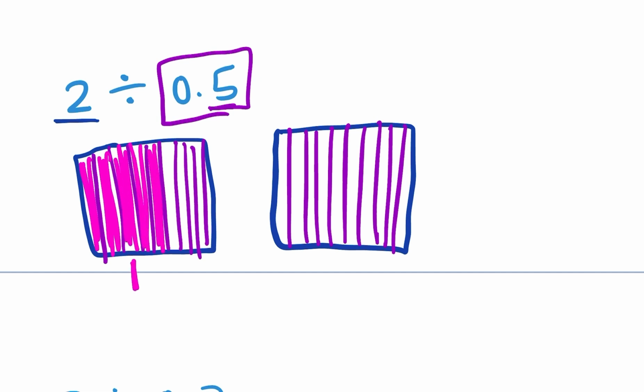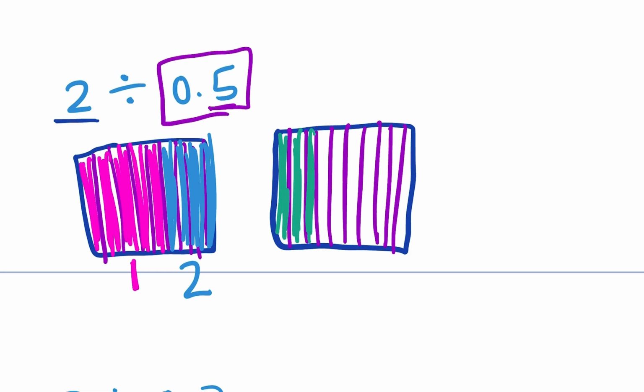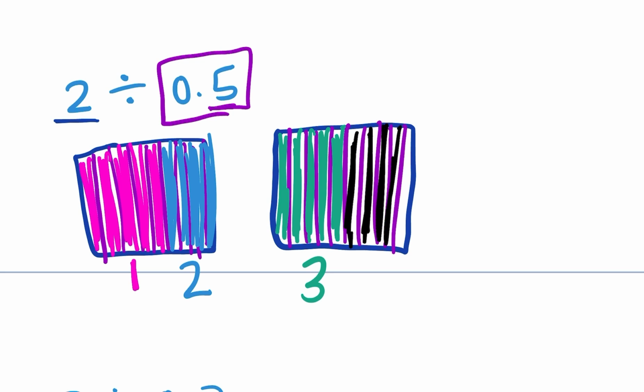That's one group. Again, 1/10, 2/10, 3/10, 4/10, 5/10. That's 2 groups. Then 5/10 again, that's 3 groups. And 1/10, 2/10, 3/10, 4/10, 5/10. That's 4 groups. So this answer is also 4 groups. 2 divided by 5/10 is 4.